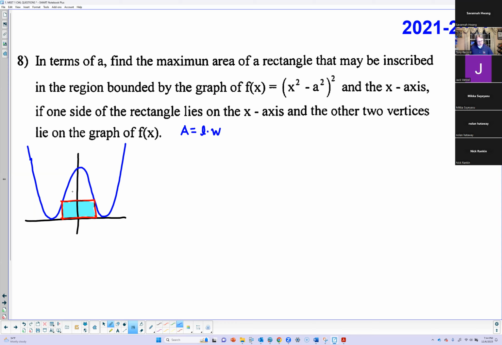And so what we're going to do, you guys, is we don't know how far over to put the lower right corner of our rectangle. So I'm going to give that an arbitrary value of x. And then you see this ordered pair right here? That ordered pair, the upper right-hand corner of the rectangle, would be (x, y).